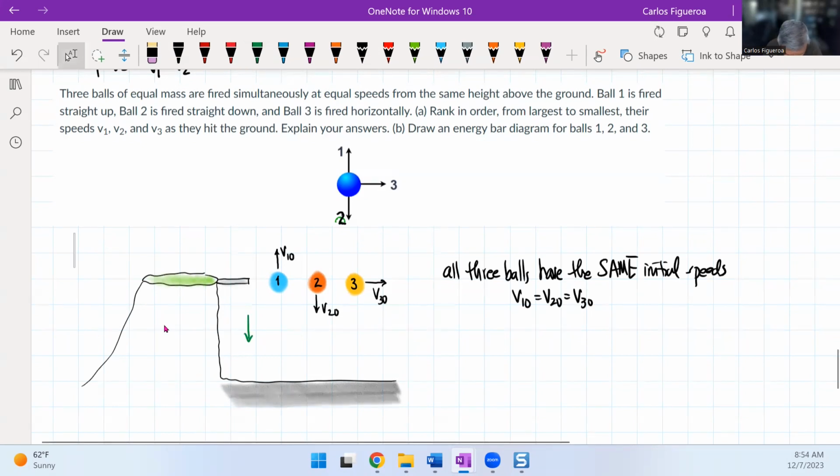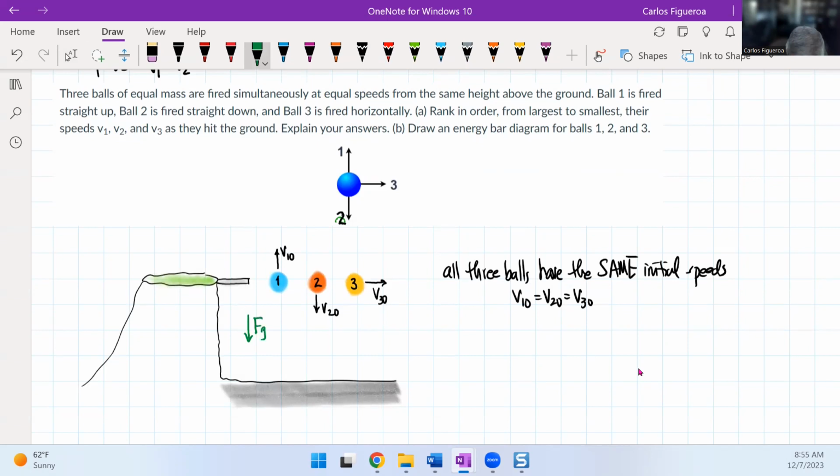Now, I want to copy this before I get too deep into it. So if I look at my system, I have the force of gravity here, and I could pick all of these to have Earth as part of the system. Therefore, the force of gravity is an internal force.